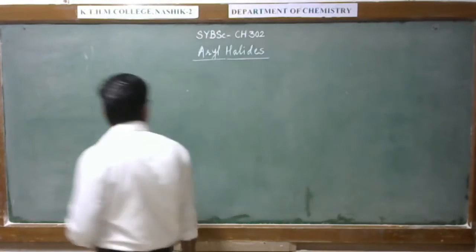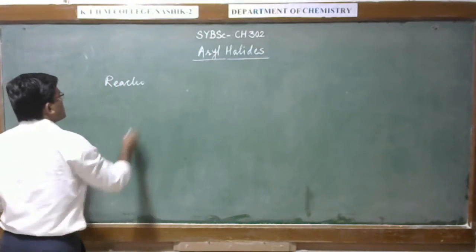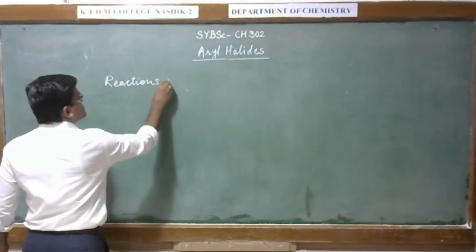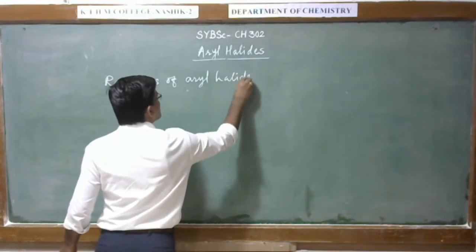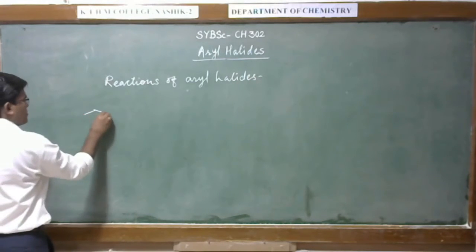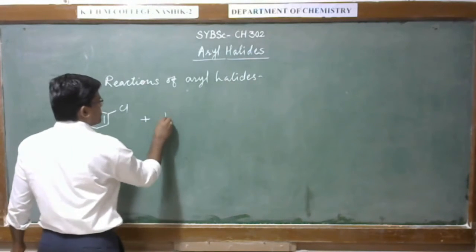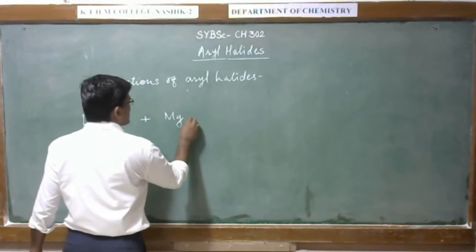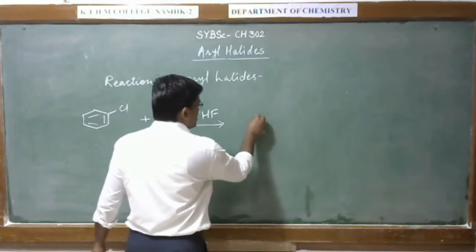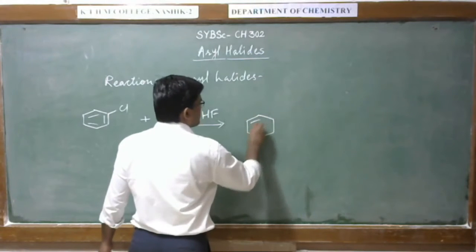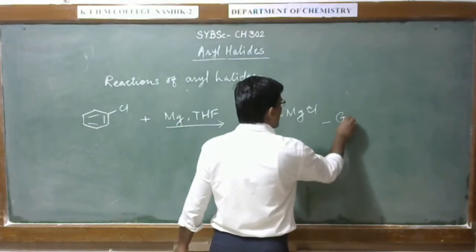Suppose you have this chlorobenzene, and when you react it with magnesium turnings in the presence of ether, it gives phenyl magnesium chloride. This is the Grignard reagent.